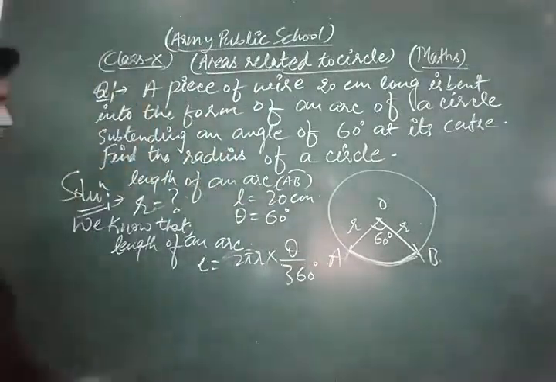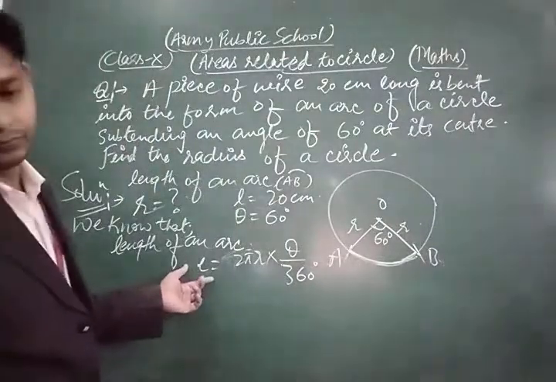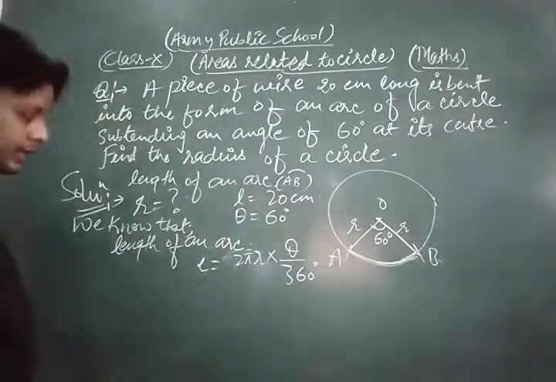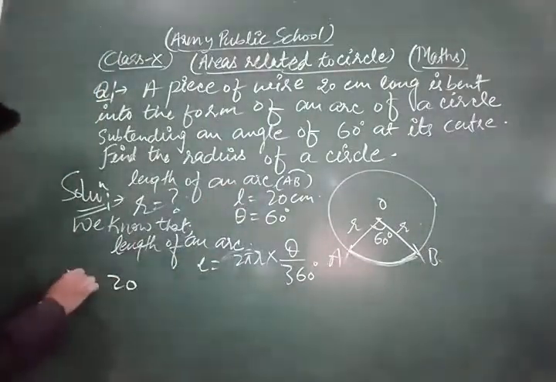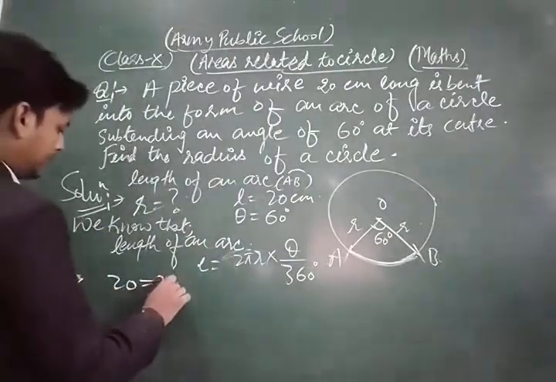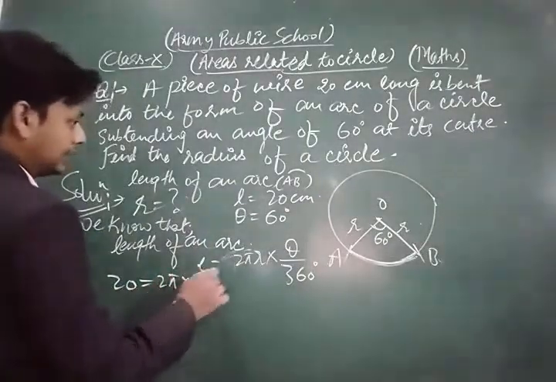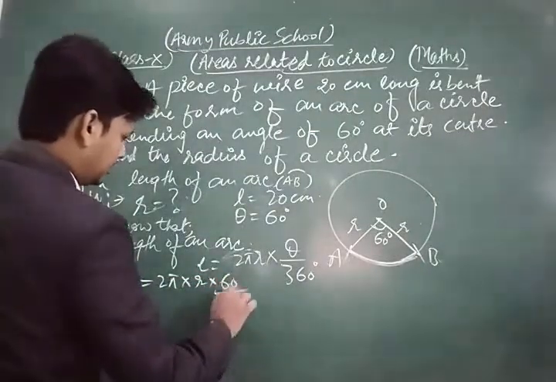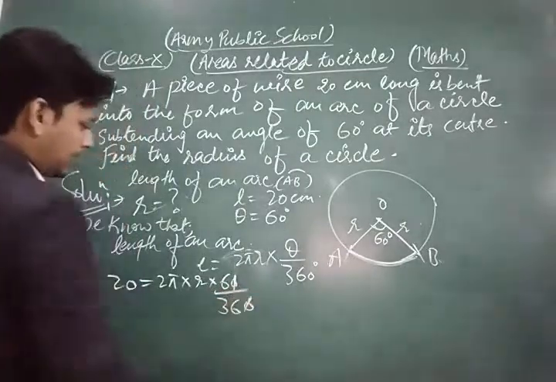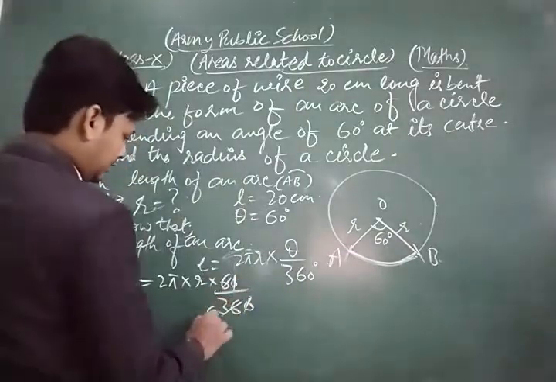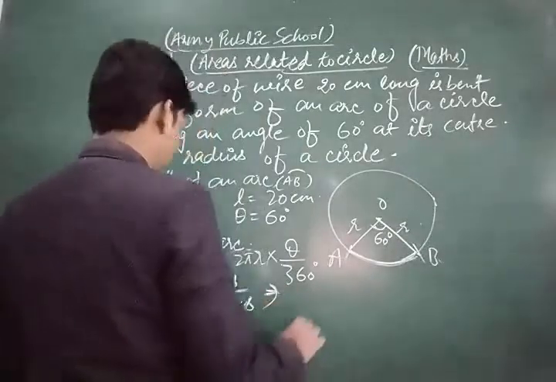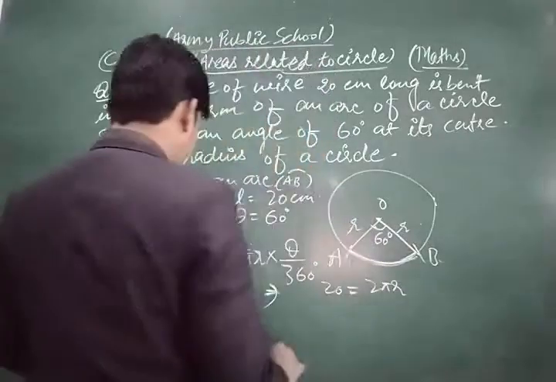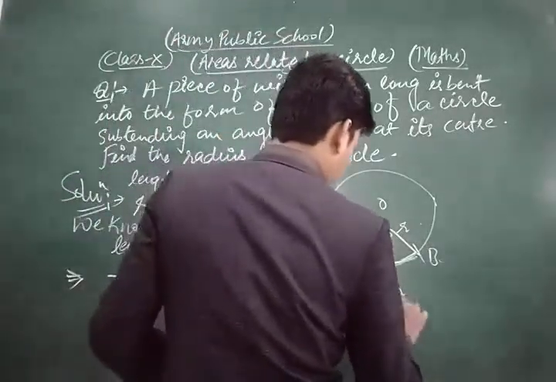Now look here, the value of L which is given in our question is 20. So we put 20 is equal to 2 pi r into theta, which is 60 upon 360. 0, 0 cancel to each other. 6 6s are 36. So we have 20 is equal to 2 pi r upon 6.